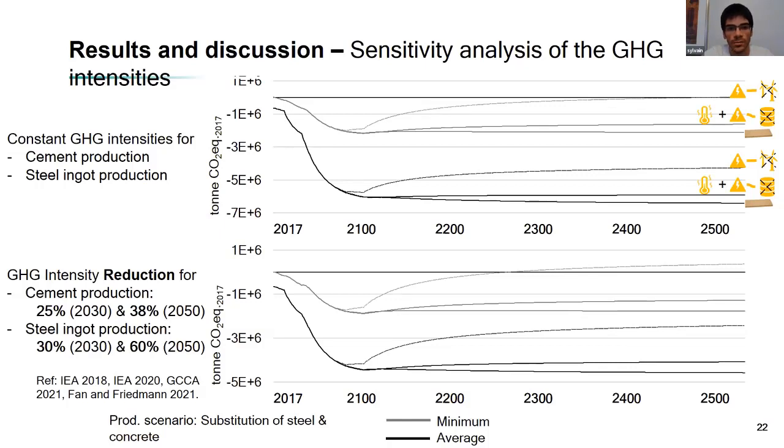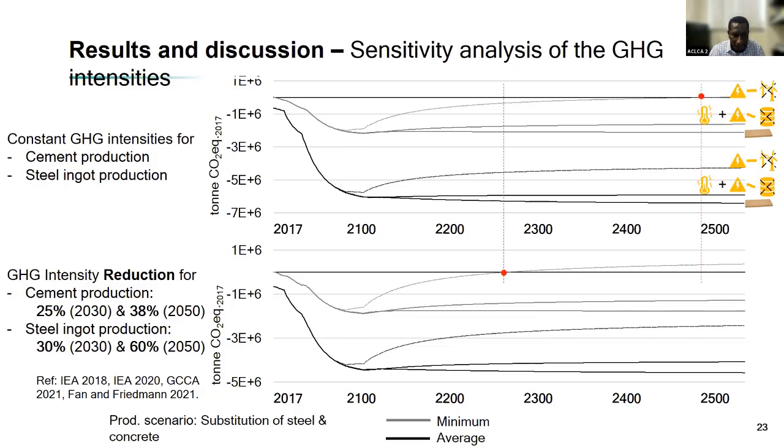So based on roadmaps and other references, we consider a GHG reduction of 25% and 38% for cement production, and a reduction of 30% and 60% for steel ingot production. So still here we can see that so far there was no significant change in the interpretation of the three end-of-life scenarios for both substitution scenarios.